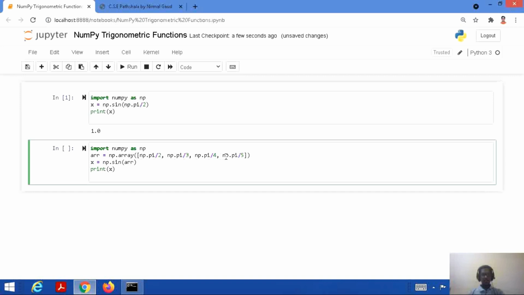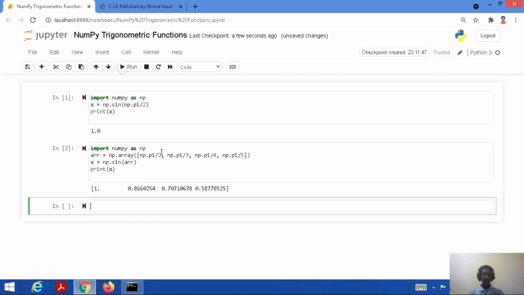Then we calculate x equal to np.sin(arr). It's better to convert these values into a NumPy array and give the array as an argument to sin. Then we print the value of x. Let's save this code and run it. The sine values of all the radians we have given in the array have been calculated, again in the form of a 1D array.